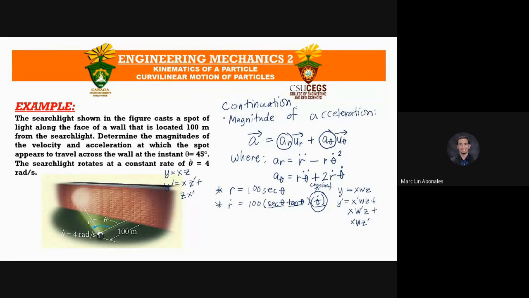to directly. Kay, like what I mentioned, every angle will have the same angular velocity. So kung 50 degrees, 4 radians per second gihapon na siya. Kung 60 degrees, 4 radians per second gihapon na siya, and so on and so forth.